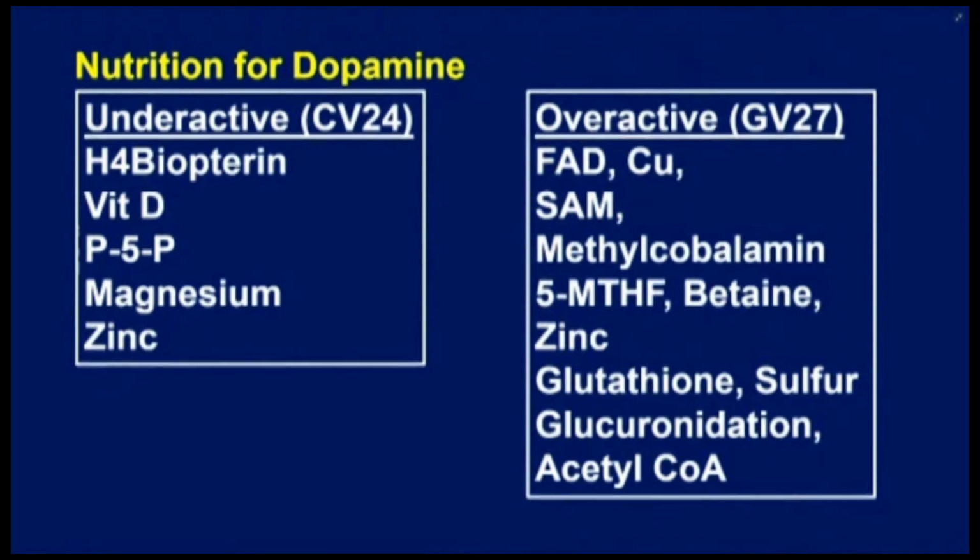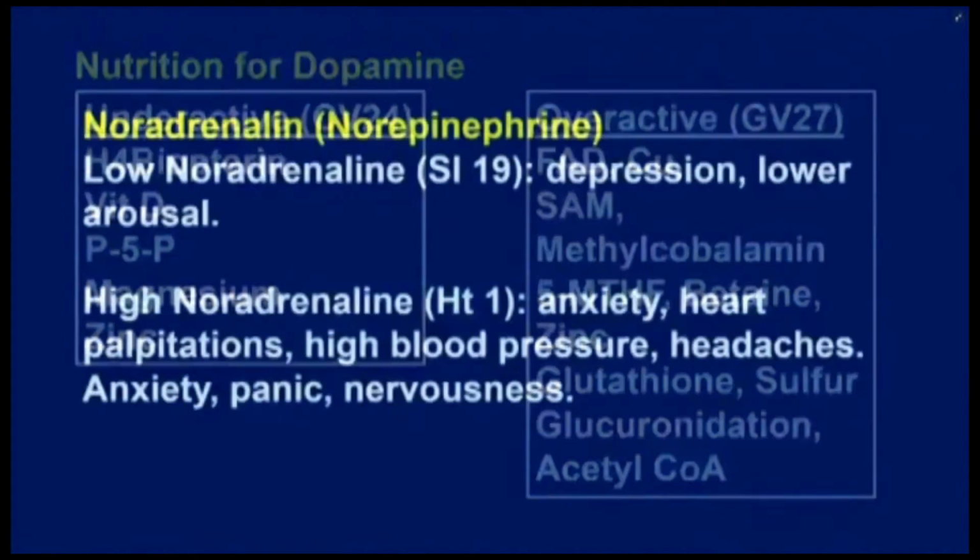Key nutrients for overactive, at governor vessel 27, would be FAD, the coenzyme of vitamin B2, and copper, involved with the hydroxylation of these brown chemicals. S-adenosylmethionine for methylation, which may require methylcobalamin, 5-methyl tetrahydrofolate, betaine, zinc. And for conjugation, glutathione or sulfation or glucuronidation or acetyl-CoA.